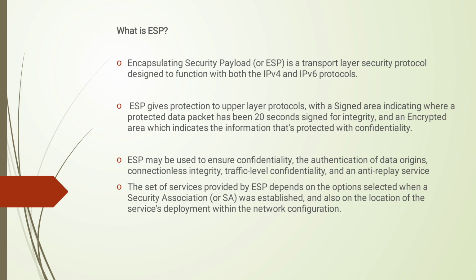ESP may be used to ensure confidentiality, the authentication of data origins, connectionless integrity, traffic level confidentiality, and anti-replay services. The set of services provided by ESP depends on the options selected when a security association was established and also on the location of the services deployment within the network configuration.